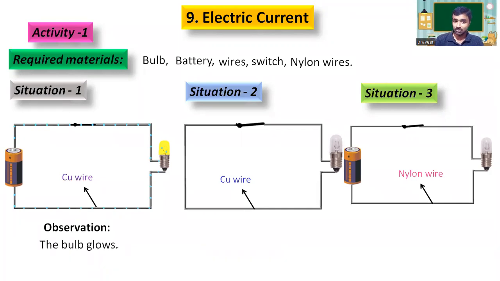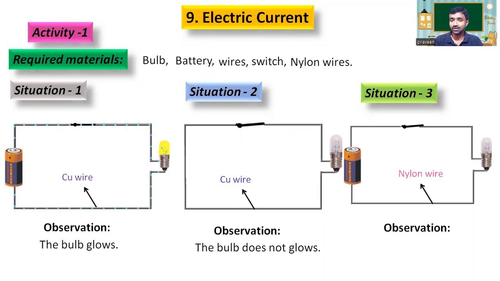Right? So the bulb glows only in situation 1. Then in situation 2, my observation is the bulb does not glow. In the third situation, I observed the bulb does not glow. So now I am thinking, what may be the reason for this? Then I realized that in situation 2, I don't have the source.